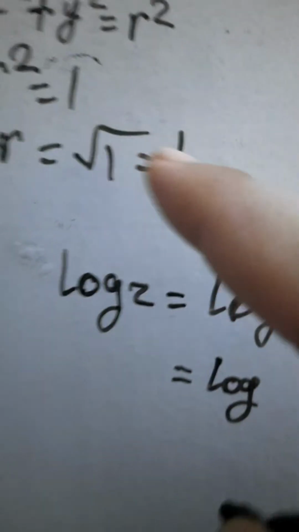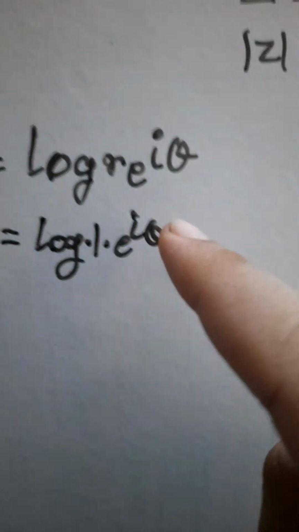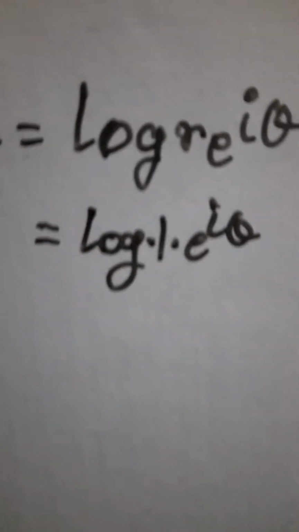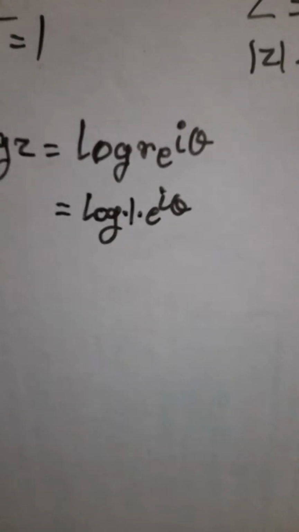Let's substitute r equal to 1 in this r. So log of 1 into e raised to i theta. Now I told you log a raised to m is equal to m log a, right? By the way, you have to go through some log formulas for this, like log a into m is equal to log a plus log m, something like that. There are many formulas, you have to go through them.